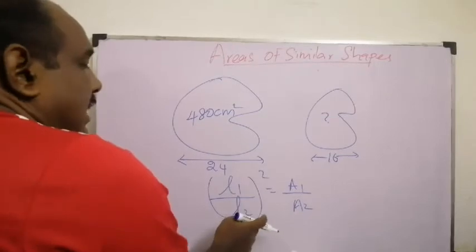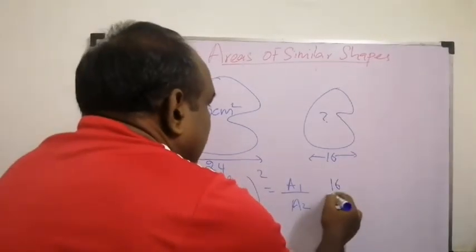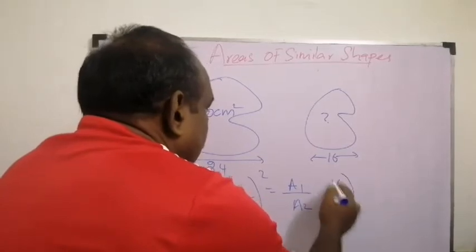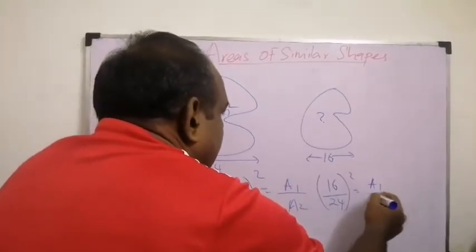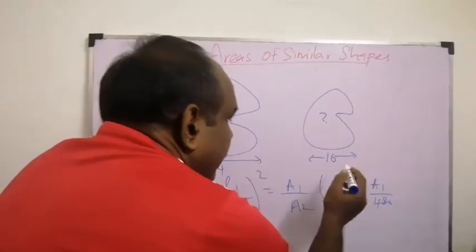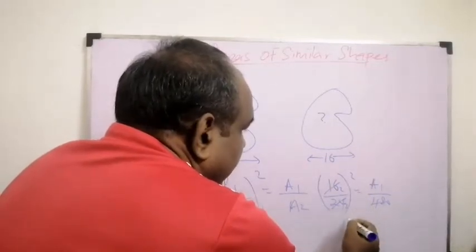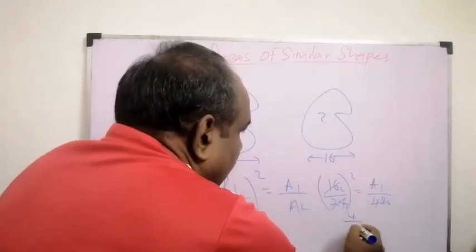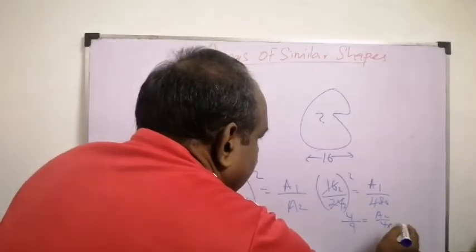The bigger one I'm taking as A2, right? So L1 is 16 over 24 squared is equal to A1, which we are going to find, over A2, which is 480. So it's going to be 4 over 9 is equal to A1 over 480.